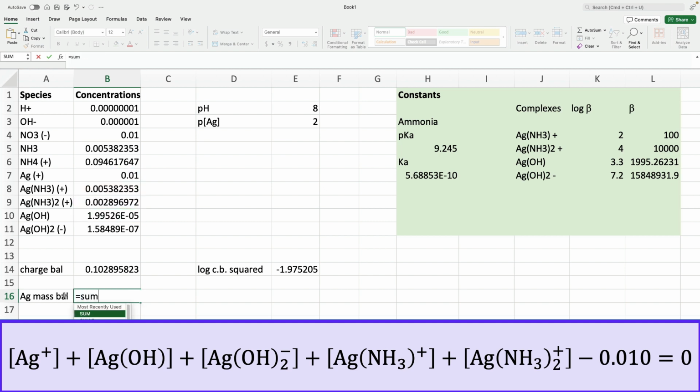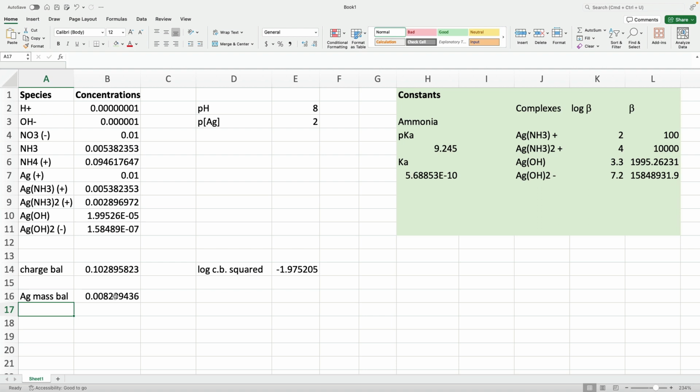Actually, I'm just going to sum up all of these. And then I'm going to subtract 0.010. That should also equal 0. Does it? No. Although at least it's closer than our charge balance. For this, we're also going to do a log of the silver mass balance squared.